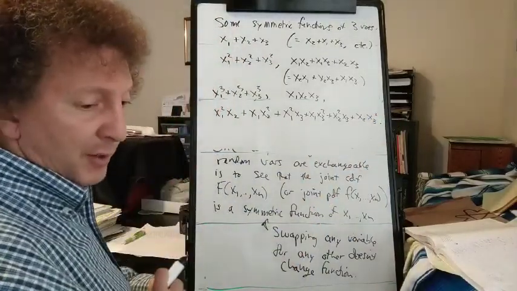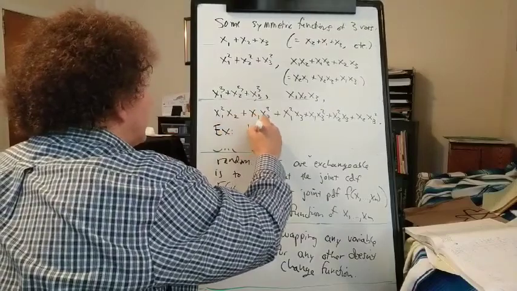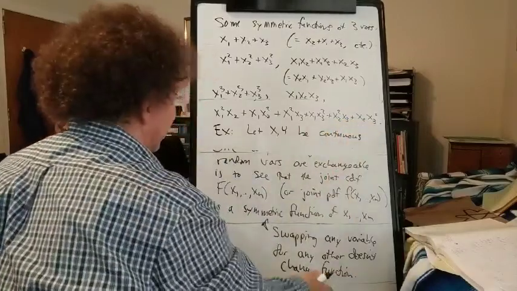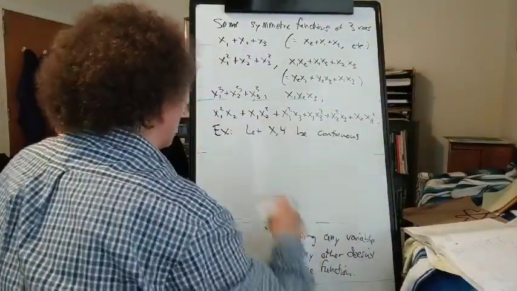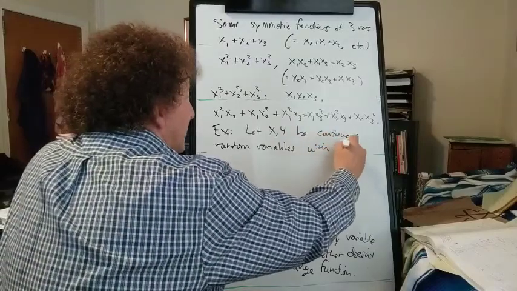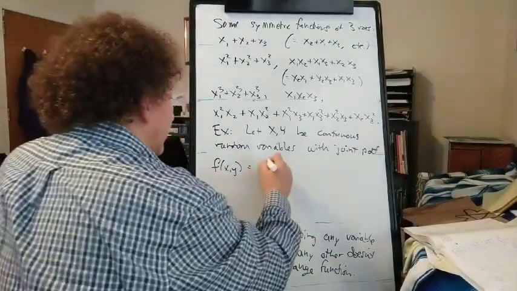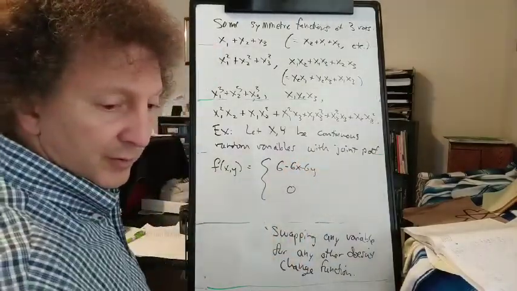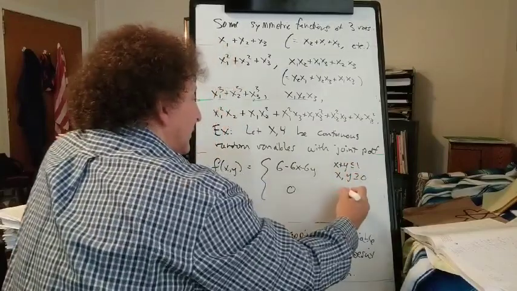Alright, now let's look at a probability density function that is symmetric. So for example, let X and Y be continuous random variables with joint probability density function f of x y equals 6 minus 6x minus 6y if x plus y is less than or equal to 1 and x and y are greater than or equal to 0, and 0 otherwise.